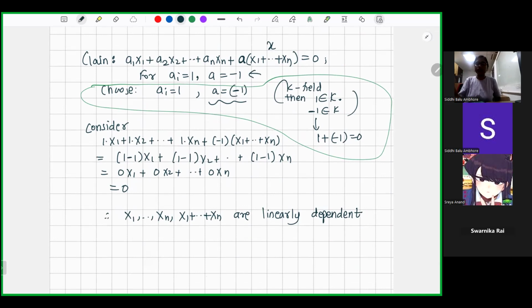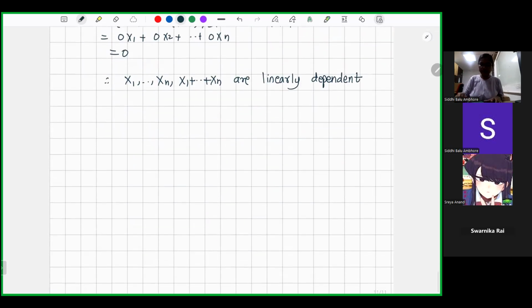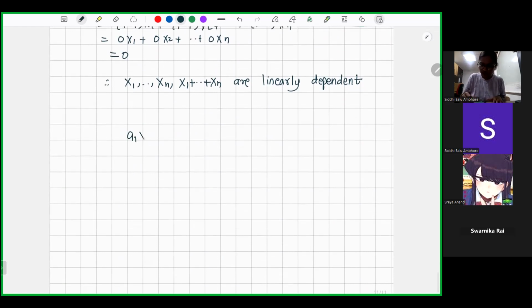Or if you want to find them, for example, I start with a1 x1 plus a2 x2 plus an xn plus a times the sum. In general, I do not care what these xi's are.